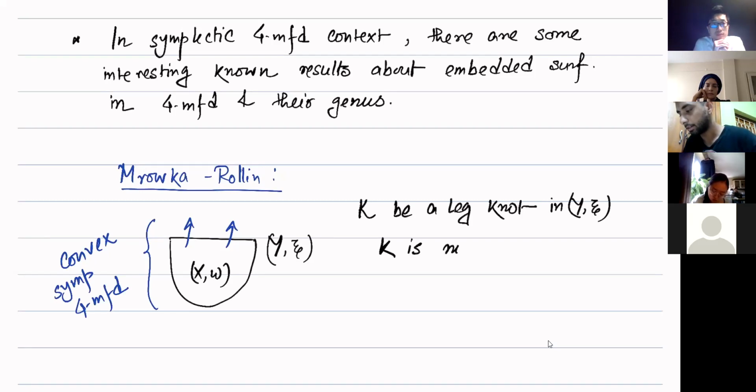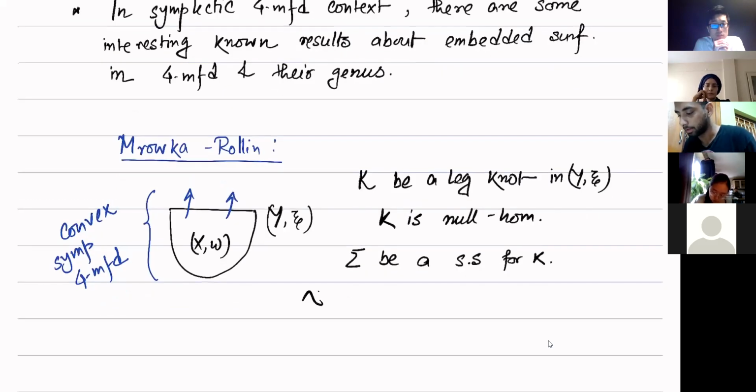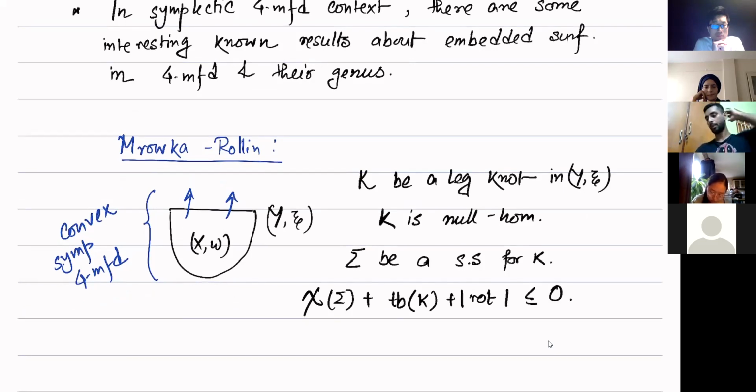Let sigma be a Seifert surface for K. Then we have the following relation: the Euler characteristic of sigma plus the Thurston-Bennequin number of K plus the absolute value of the rotation number is always less than or equal to 0.